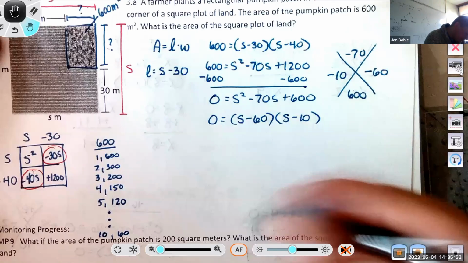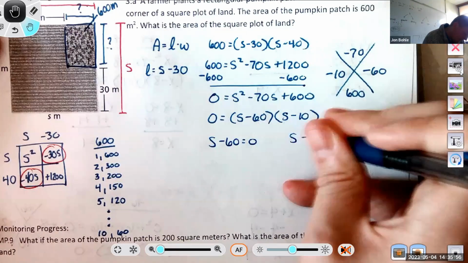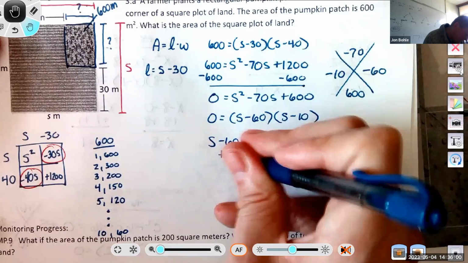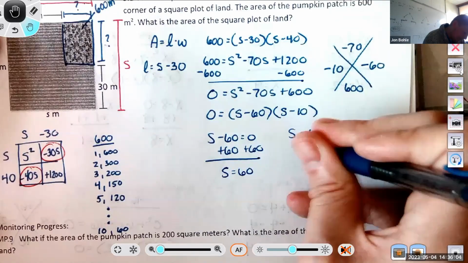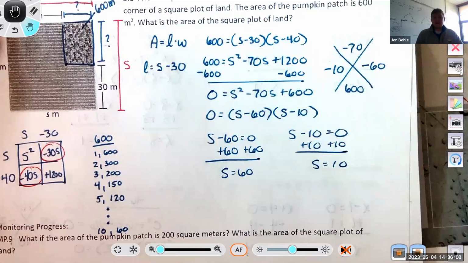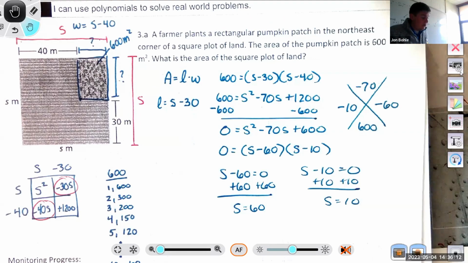So I can set each of these factors equal to 0 and solve. S is 60. S is 10. So these are my answers, but which one is actually my answer? Because I got 2. Well, we have to think about it.